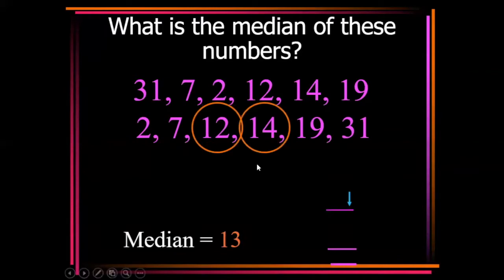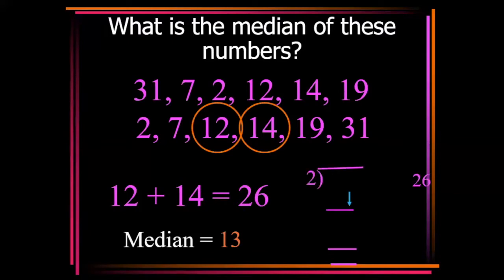Okay, we would have had 12 and 14, yes, 12 and 14 as our middle numbers. We add them and then divide by 2. 12 plus 14 equals 26. 26 divided by 2 equals 13. Good job to everyone who said 13.